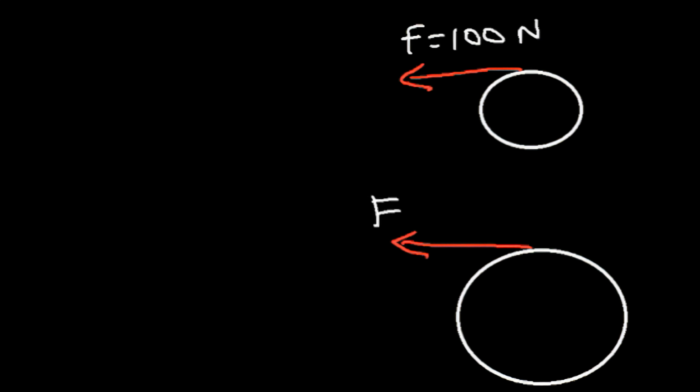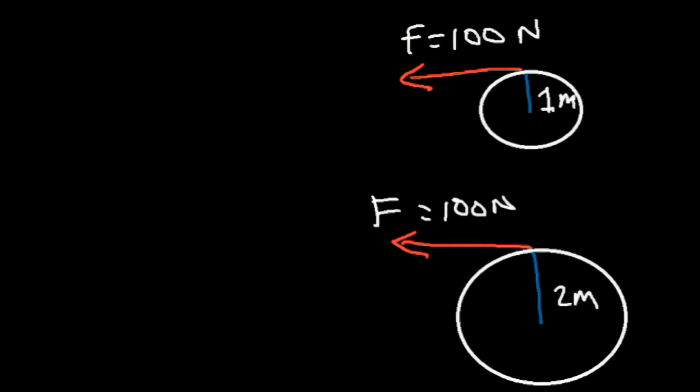Now consider a problem. Let's say we have two disks. One is small and the other is large. Now we're going to apply the same force, let's say 100 newtons. The radius of the smaller disk, let's say it's 1 meter, and for the larger disk, 2 meters.